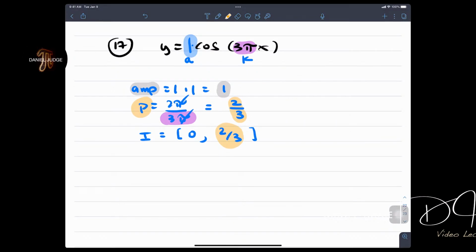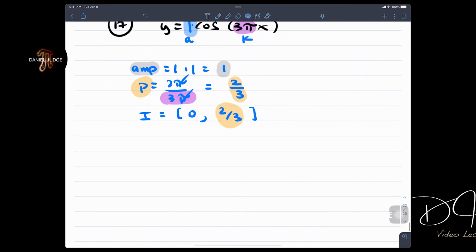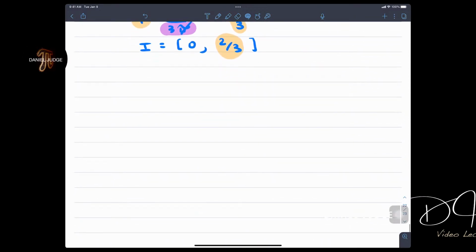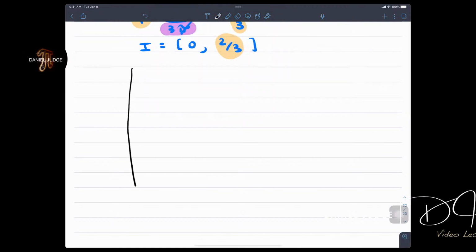Now don't forget, at this point, we're going to bring in that graph. What happened to the graph? Oh, is the graph gone? I guess I have to draw it for the last question.